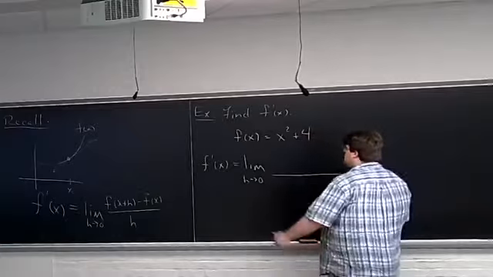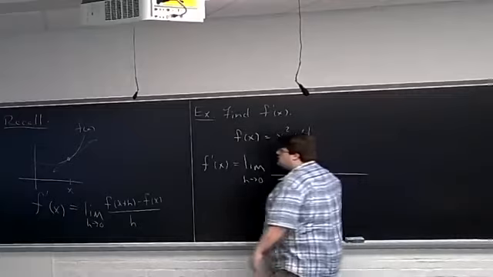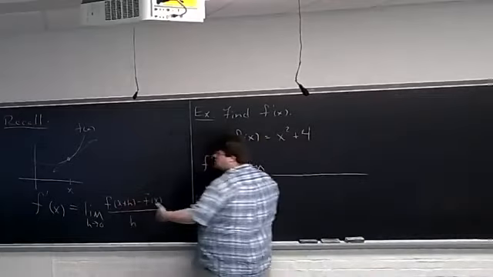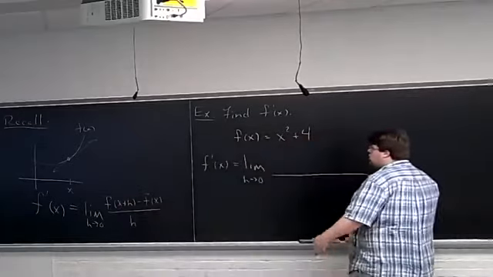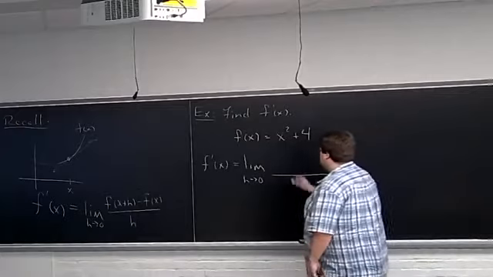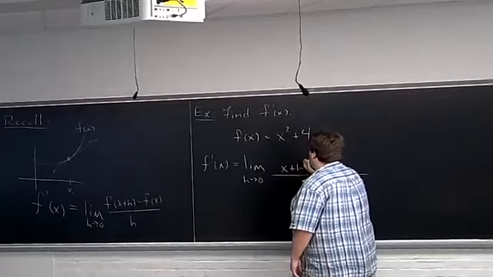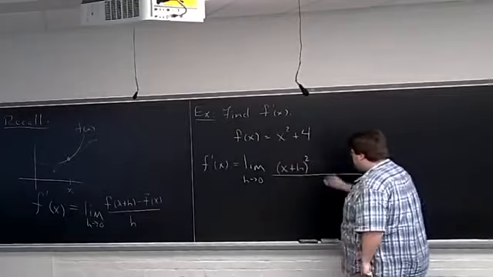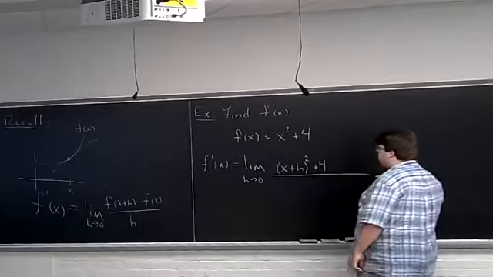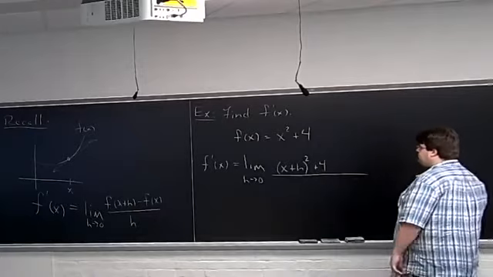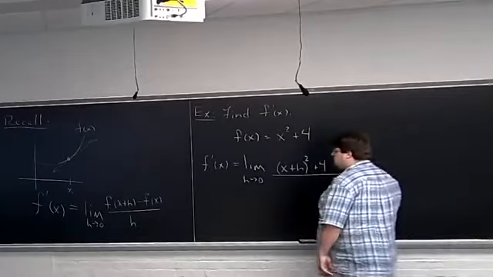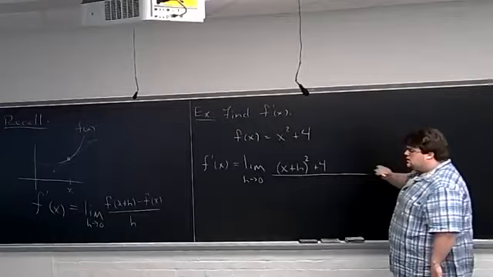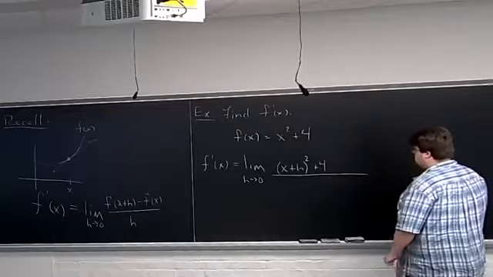Well, take our function f and substitute x plus h. Replace all x's with x plus h. We have x plus h squared, and then that 4. Any questions about finding f of x plus h?